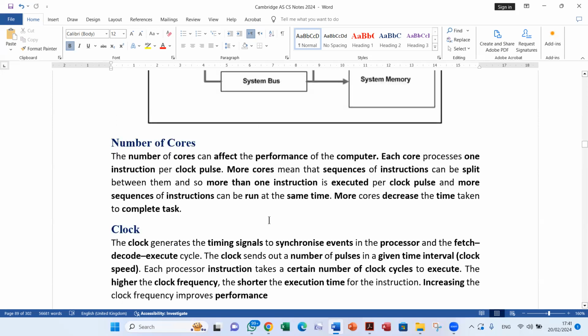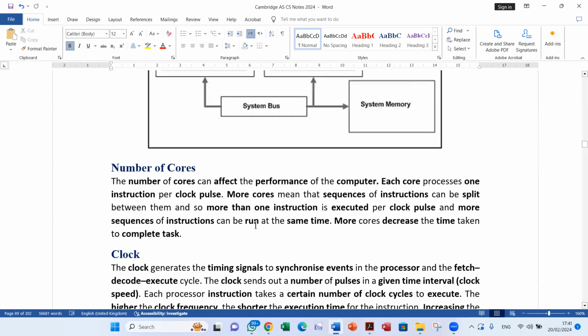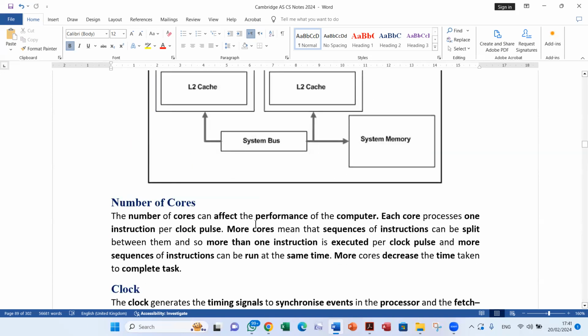A core is a CPU together with its registers. The number of cores can affect the performance of the computer. Each core processes one instruction per clock pulse. More cores mean that sequences of instructions can be split between them, and so more than one instruction is executed per clock cycle.